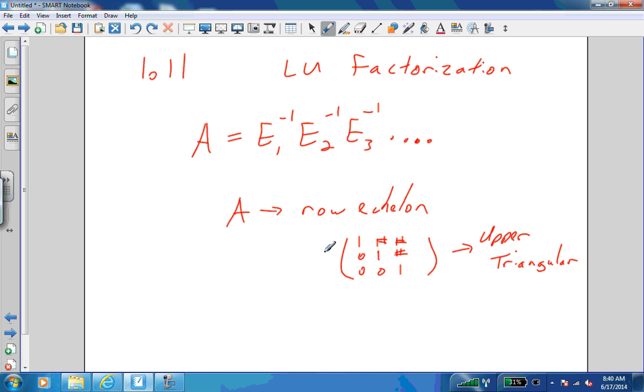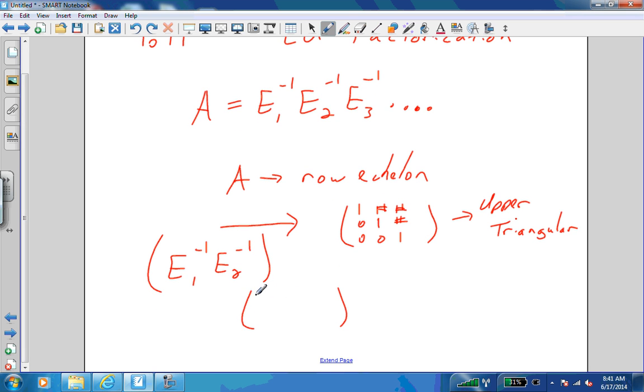Well, typically it takes a number of elementary row operations to get A in upper triangular form. So if we were to take those elementary operations that took us to row echelon form and multiply those together, then those would give us a lower triangular matrix where we have pivots and then zeros above the pivots and numbers below.